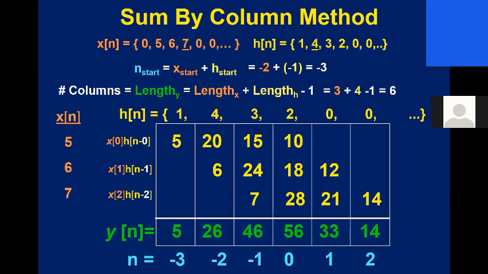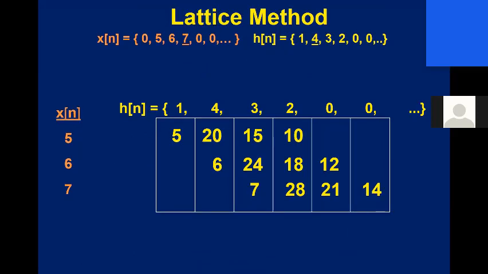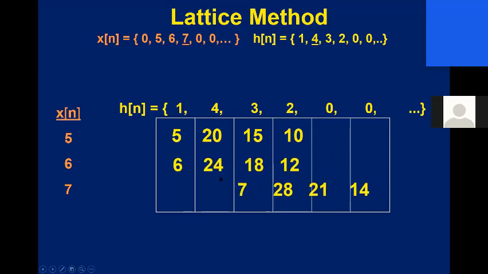Okay, so that's the sum by column method. Really closely related to it is the lattice method, which is pretty much exactly the same as the sum by column method, except we're not going to shift over each of our terms. We're going to create them all in a single column.